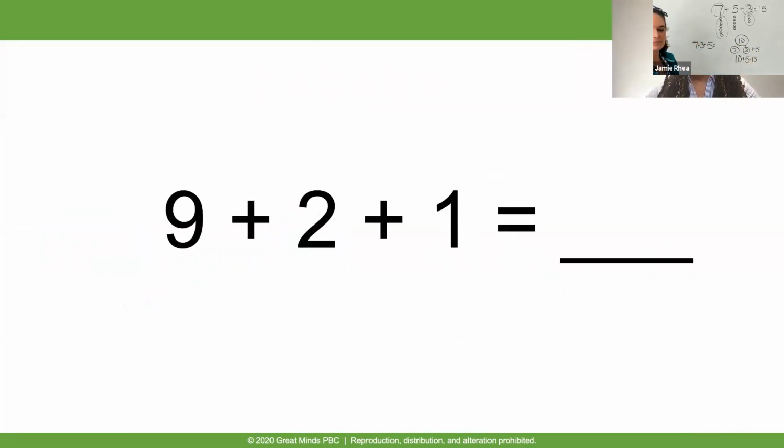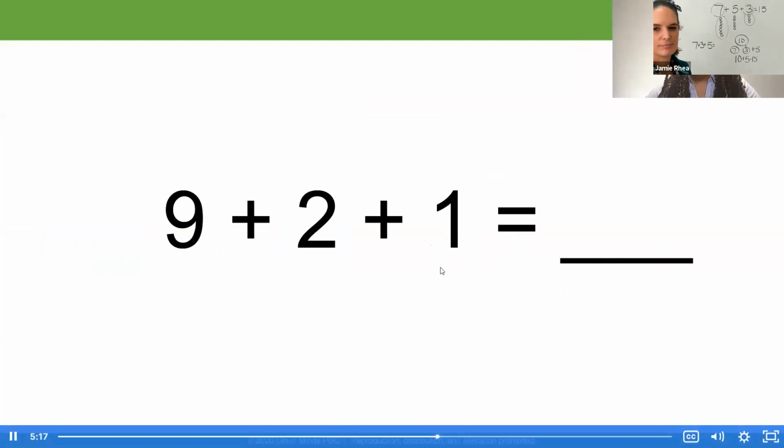Our new number sentence is 9 plus 2 plus 1 equals something. Go ahead, draw to show the three amounts. Okay, I'm going to pause. I'm going to erase this and you are going to draw it also. Leave room because remember, we're going to probably have to do another number bond. So our new sentence says 9 plus 2 plus 1.